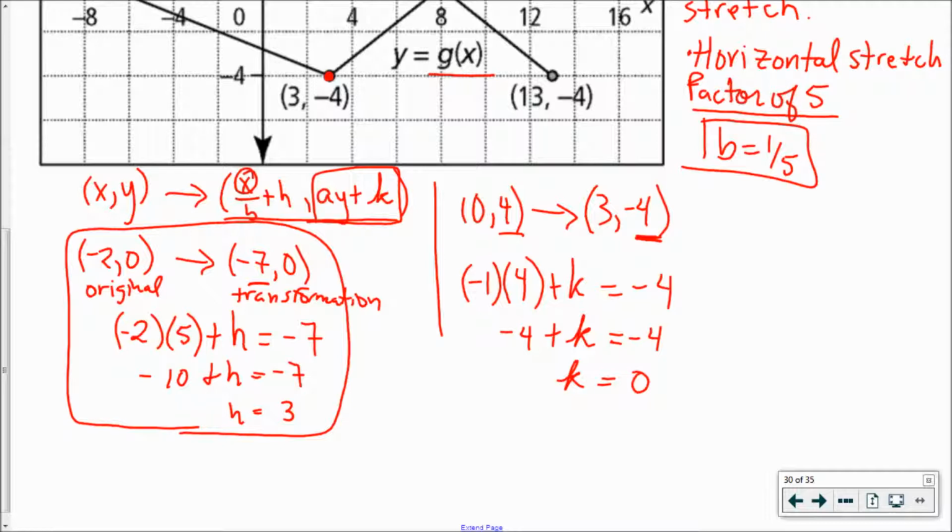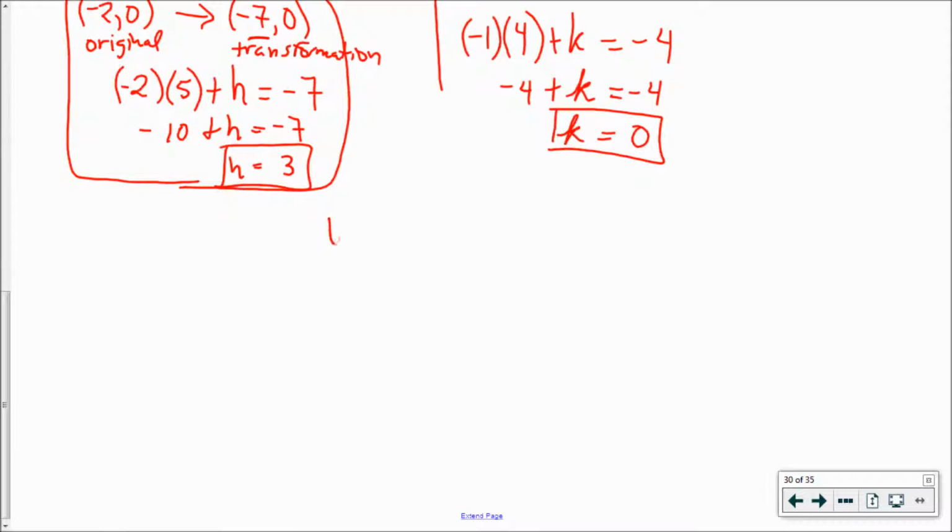So at this point, I'm able to write the equation of the transformation. I have all 4 pieces of information that I need. So I'm going to write all those things in their spot. My equation of the transformation is y equals a, which is -1, f of bx, so b is 1/5. We found that out from our stretch, which was a factor of 5.